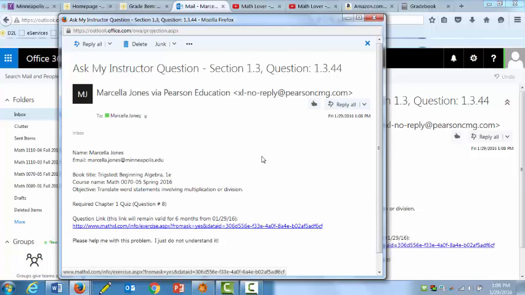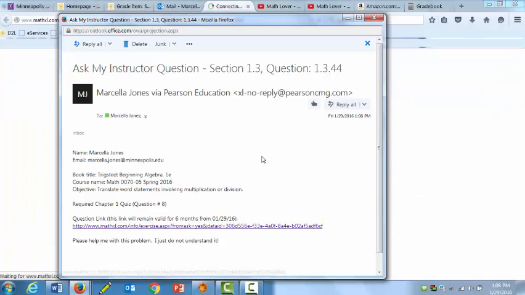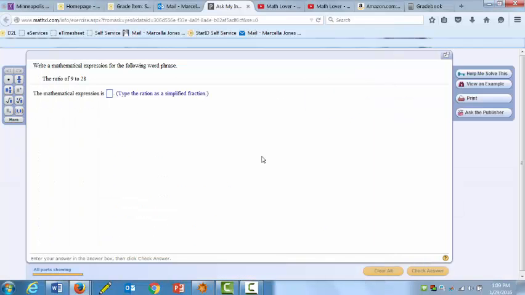And then when I click on this link, it actually shows me the problem, whether it's in a quiz or whether it's in a homework. And it will show me the actual problem. So I'll see what you've entered in as well as what the problem actually is. All right, and so here's the problem. I didn't enter anything in that, so that's why there's nothing there. If I had entered an answer, that answer would be there.